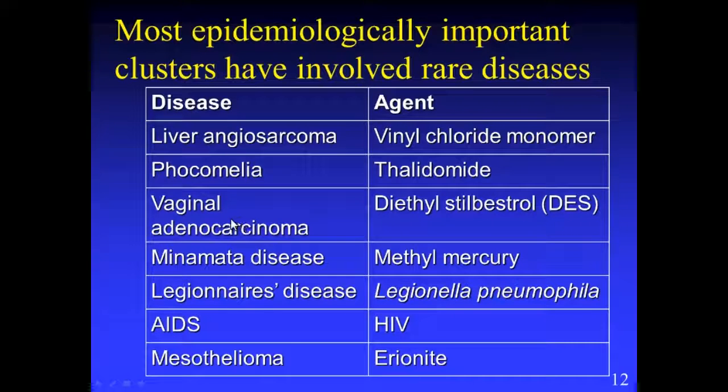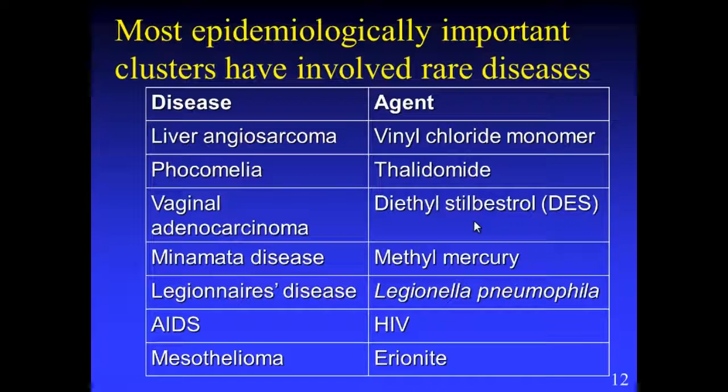Vaginal adenocarcinoma, which is associated with this synthetic estrogen, diethylstilbestrol, or DES as it's usually known, and this is, as far as I'm aware, the only known human what we call transplacental carcinogen, because women took this particularly in the 60s for threatened spontaneous abortion to prevent that, and it was quite effective.